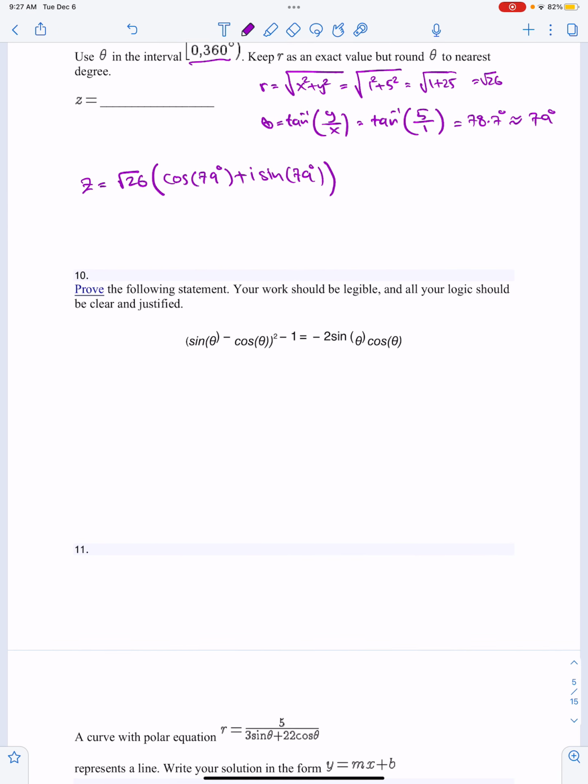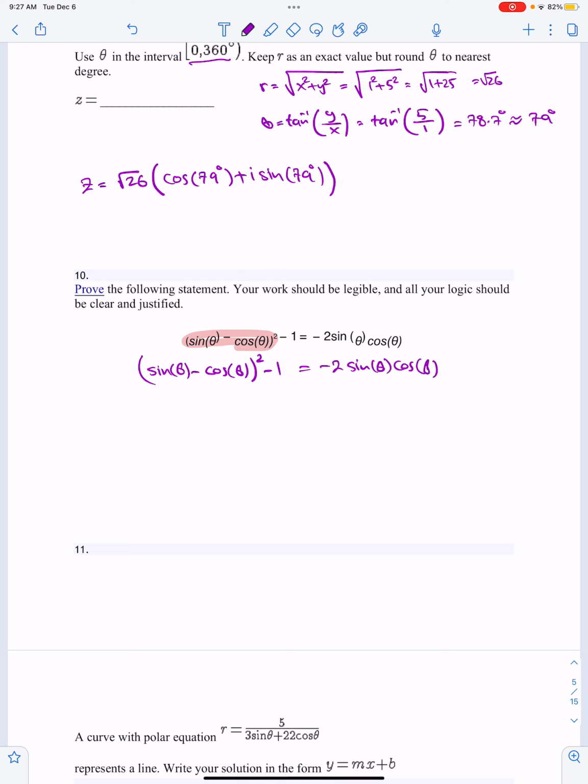Question number 10, prove the following statement. Your work should be legible and all of your logic should be clear and justified. The key here is to FOIL this. So let me just rewrite it again because it looks funny. I have sine theta minus cosine theta, all squared, minus 1, and I need to prove that to be equal to -2 sine theta cosine theta.